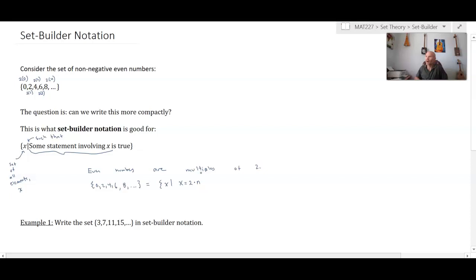Okay, but now I haven't really specified what n is either, right? So now I'll put a little qualifier in there where n is an integer. I'll say a non-negative integer.